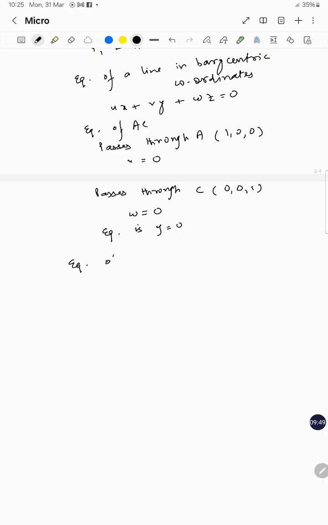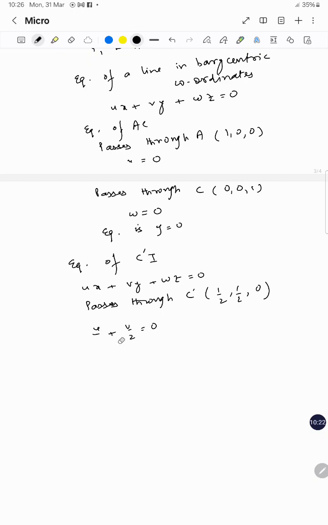Now the equation of CI, ux plus vy plus wz equal to 0, passes through C prime, whose coordinates are half, half, 0. So u by 2 plus v by 2 equal to 0, or u plus v equal to 0.